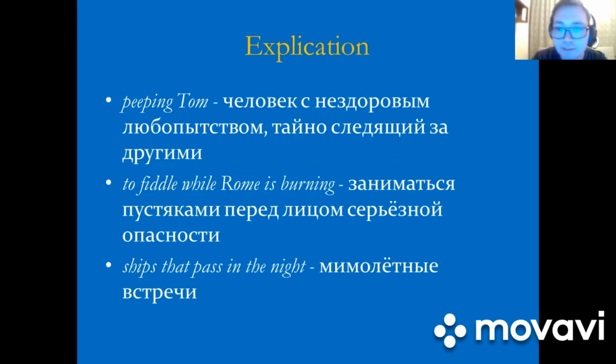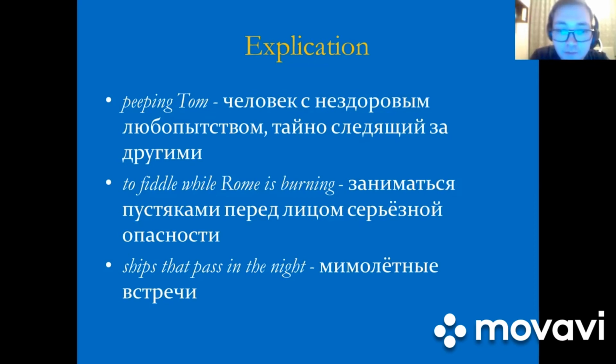In the examples given on the screen, we can see actually explication. So let's look at them. Peeping Tom, человек с нездоровым любопытством, тайно следящий за другими. So we can see that the translated phrase is much bigger than the original one.